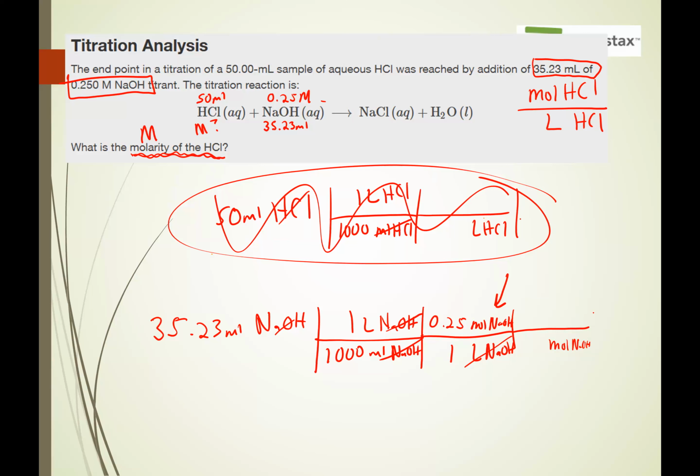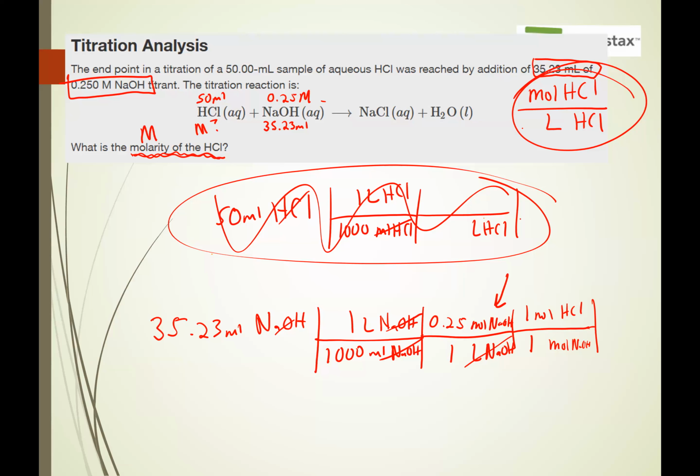Where's a way I can get rid of these moles of NaOH? We could do the mole ratio thing. We could go from NaOH to HCl. How many moles of NaOH do we have? 1. How many moles of HCl do we have? 1. Oh, hey, at least now we're at HCl. We're making progress, because remember, we want moles of HCl over liters in the end.